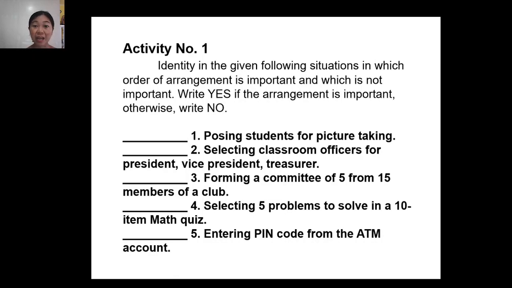But if it is not important, you are going to write no. Again, if order of arrangement is important, you will answer this as yes. But if the order of arrangement is not important, your answer will be no. So you read and analyze each given situation so that you can answer this correctly.